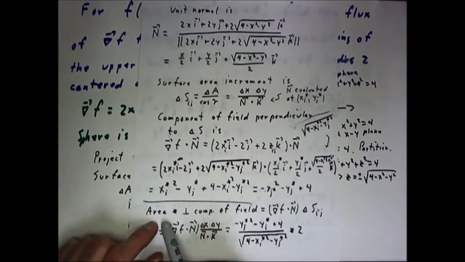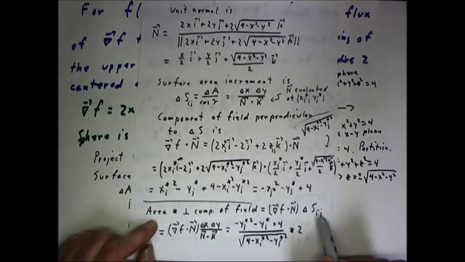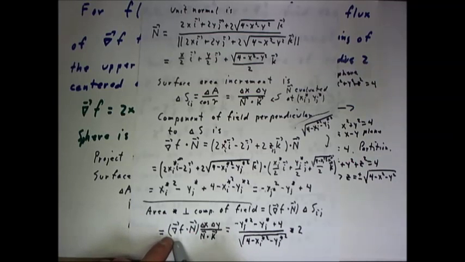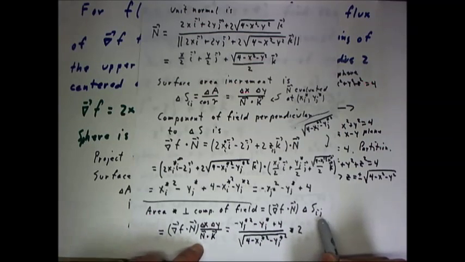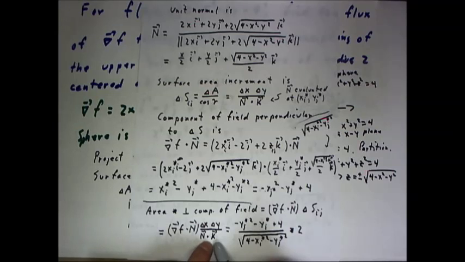So the flux is the area multiplied by the perpendicular component of the field, and that's this expression. It's del f dot n times delta x delta y over n dot k. Delta Sij, remember, is just delta x delta y over n dot k, the delta A divided by the cosine of gamma, if you recall.